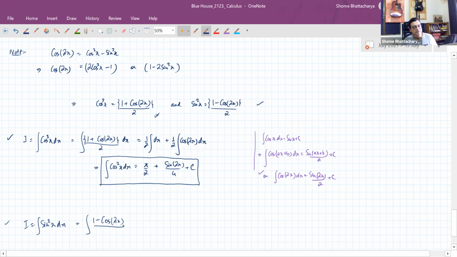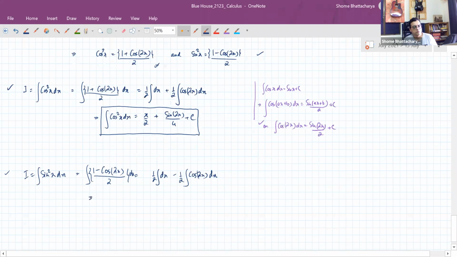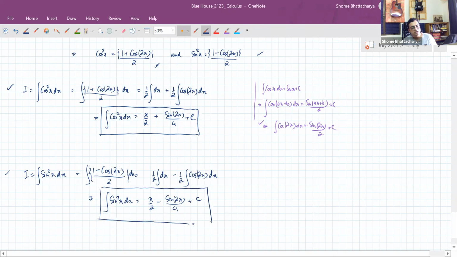So it just makes a difference of a minus sign, the rest is exactly the same. So another two important integrations for us.